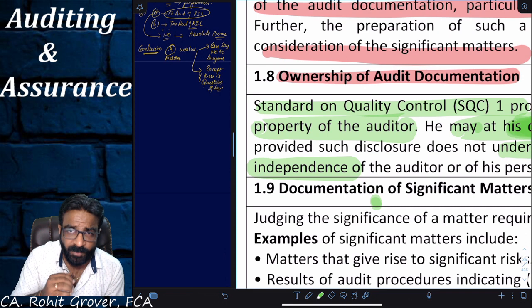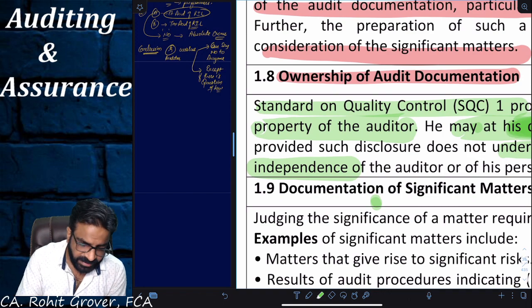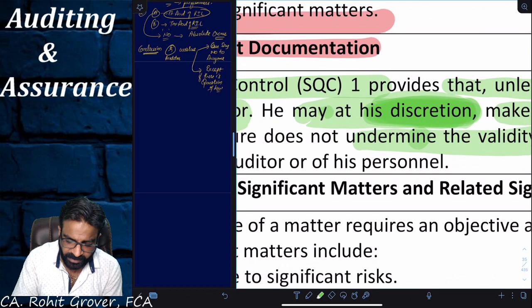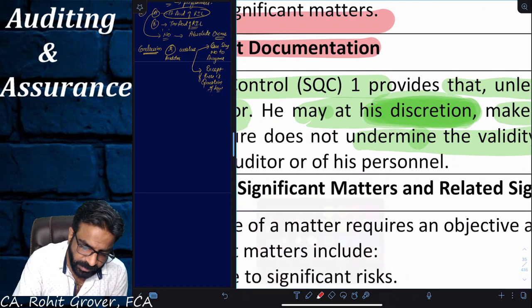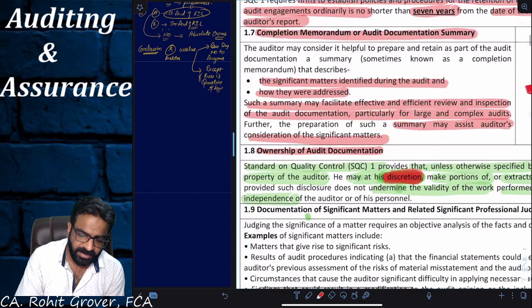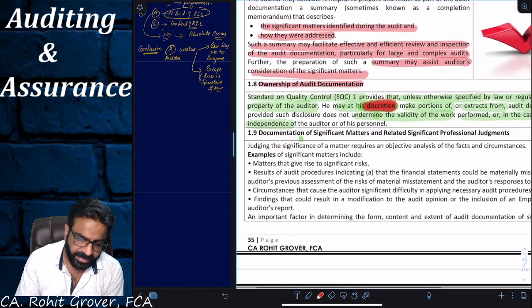Yes. So, would you be more careful while showing your audit working papers or less careful? More careful. That's the reason this discretion has been given to you. If you want, you can say no. As simple as that. So that is what you mean by the word discretion, everyone. Now, next topic.